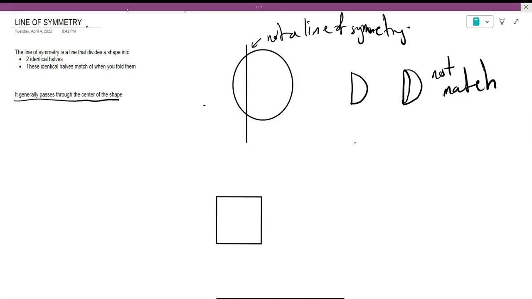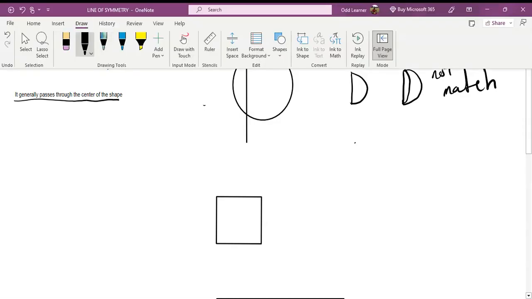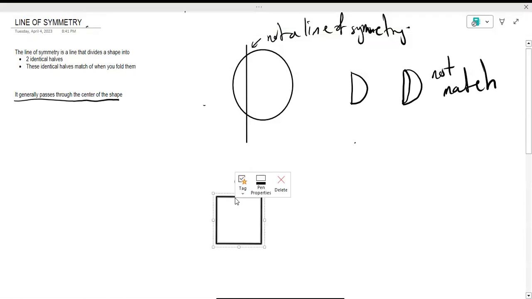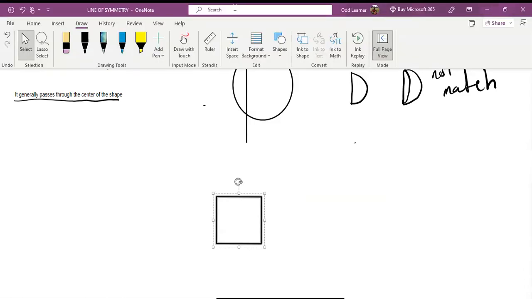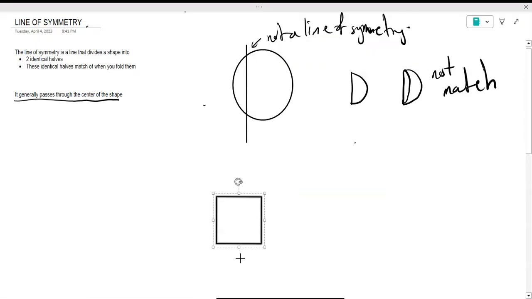You can also do that for the square. We can draw a line that divides the square into two equal halves, something like this. You can see this line divides the square into two equal halves, and when we fold these two halves together, we get something like this.